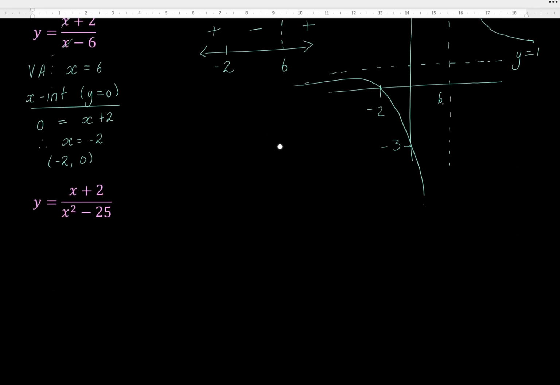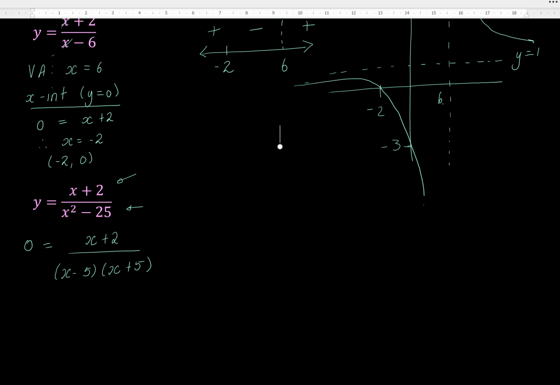Right, another situation here when we've got two things at the bottom that could make our denominator 0. So we're going to keep our x plus 2. Right, downstairs, we factorize. This is difference of two squares. X take 5, x plus 5. I mean, I could have even popped a quadratic up the top and factorized it.